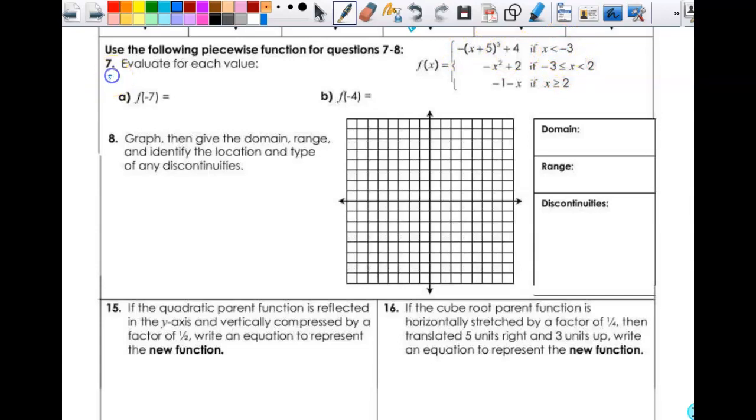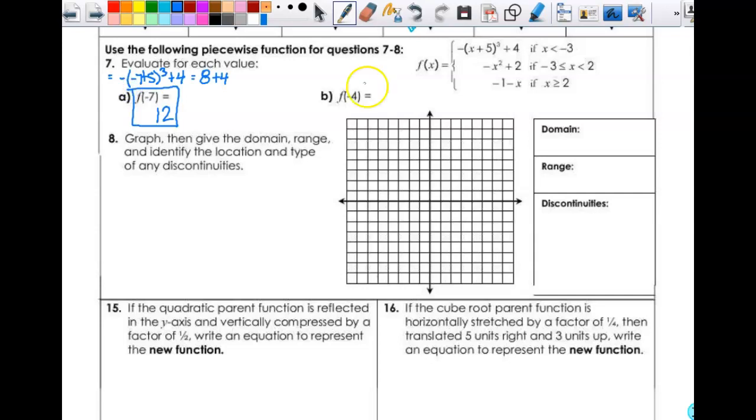So this is going to equal negative, then negative 7 plus 5 cubed plus 4. So negative 7 plus 5 is negative 2, cubed is negative 8. Then a negative negative 8 is 8 plus 4, so I get 12.